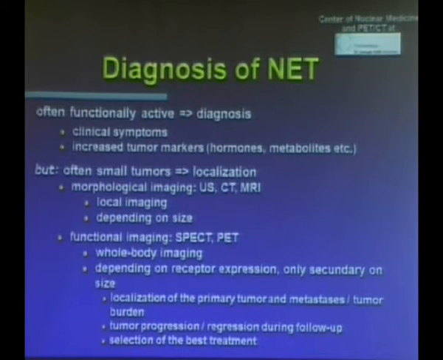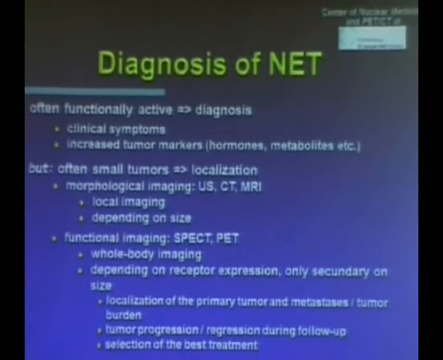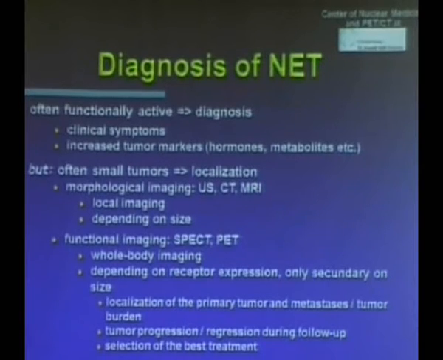And these are imaging procedures where we perform whole body imaging. We have a higher sensitivity than the radiological imaging procedures. This we have to know. And these imaging procedures depend on the receptor expression, and in the second step on the size of the tumor.